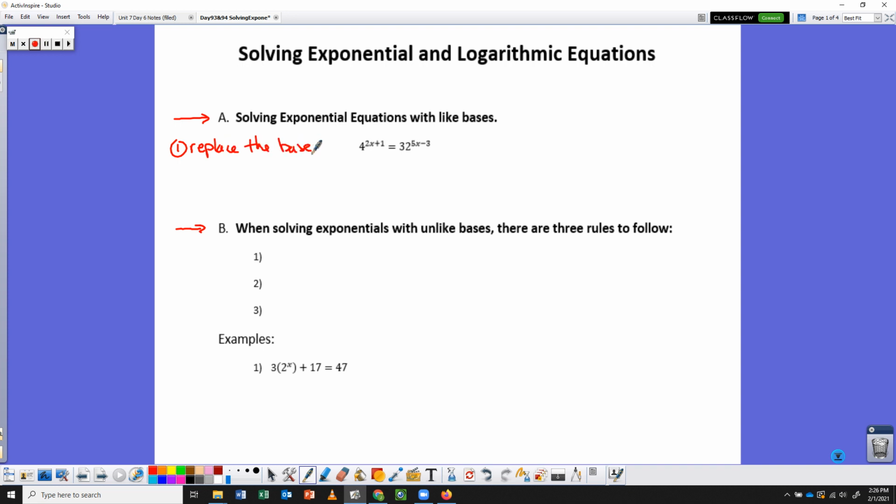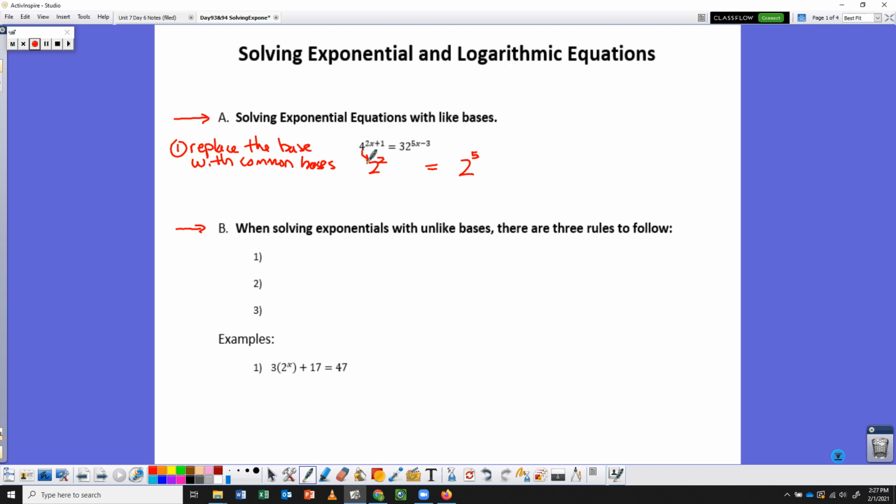So step 1, I'm going to replace the bases with common bases. For example, a different way of writing 4 is 2 squared, and a different way of writing 32 is 2 to the 5th. Now that's just replacing the base part.